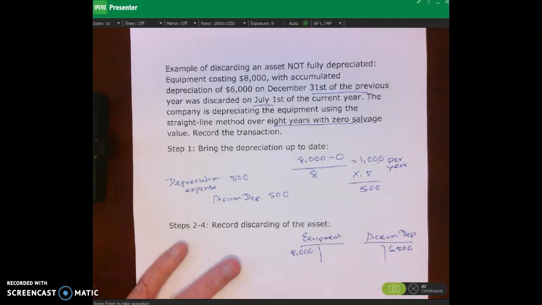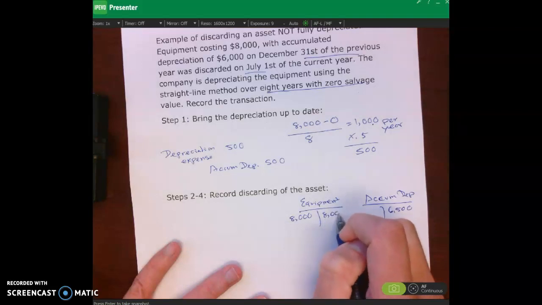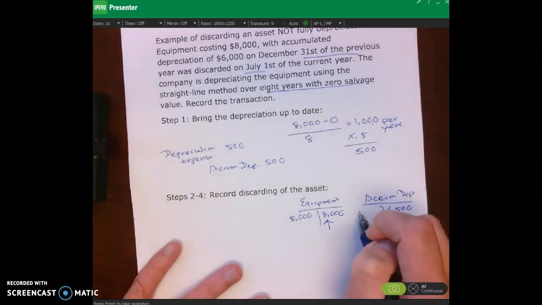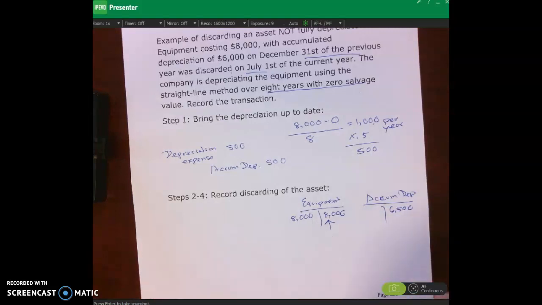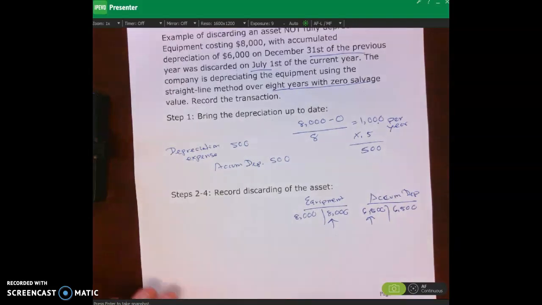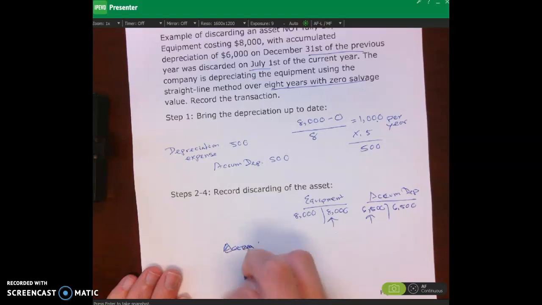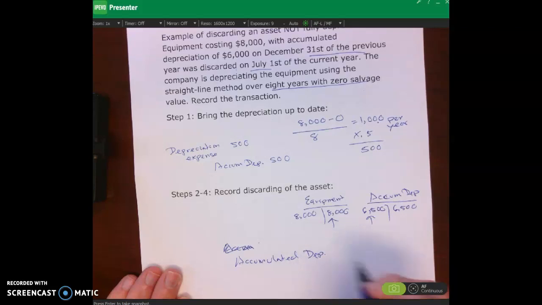Okay, so my journal entry, we can see, is I'm going to be crediting equipment for $8,000, right? And then I will be debiting accumulated depreciation for $6,500. Okay, so I'll come over here and write that out. So I will debit accumulated depreciation for $6,500.